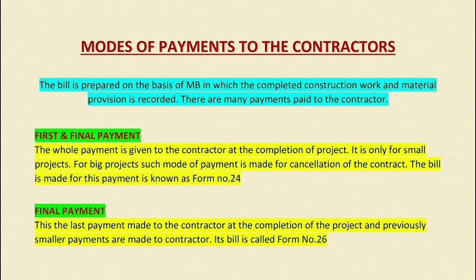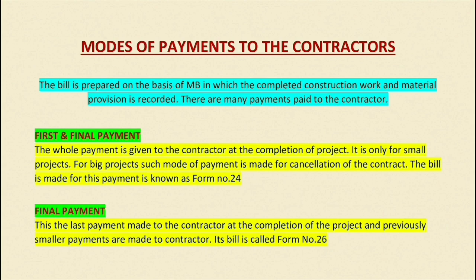The bill made for this type of payment is known as form number 24. So this is form number 24, first and final payment. The whole payment is given to the contractor at the completion of the project, or in case of cancellation of the contract.